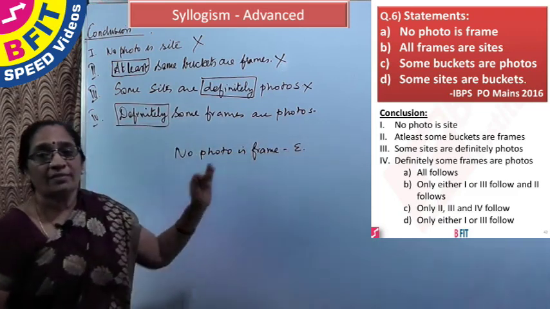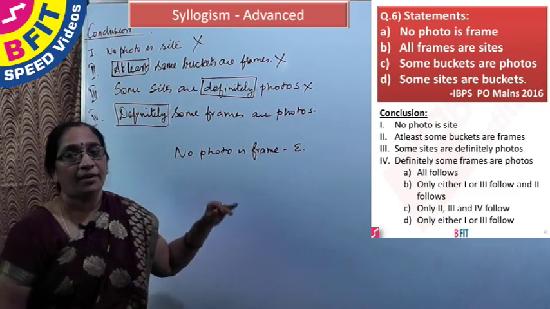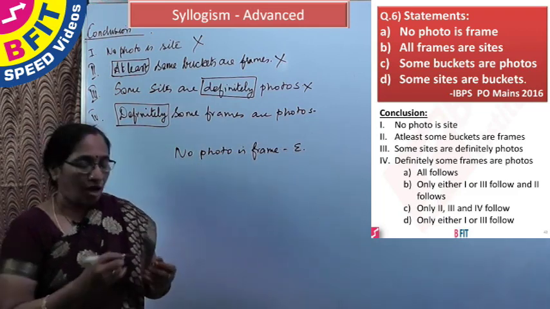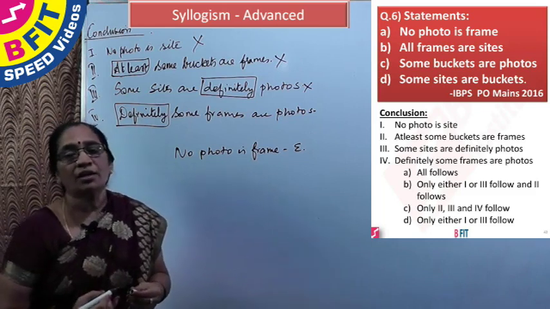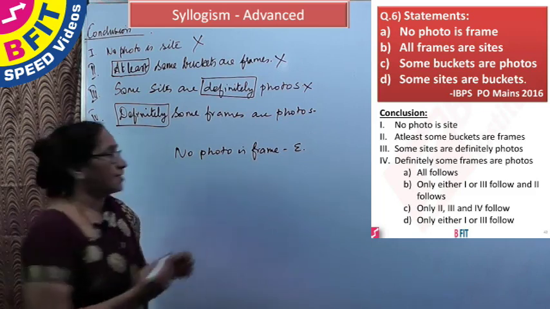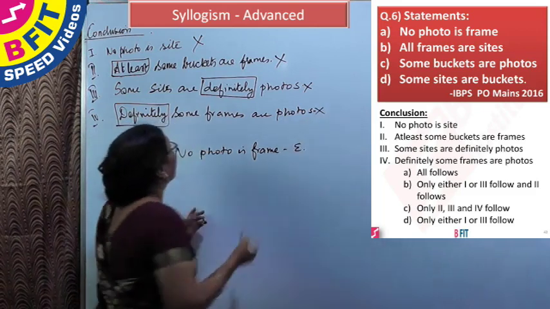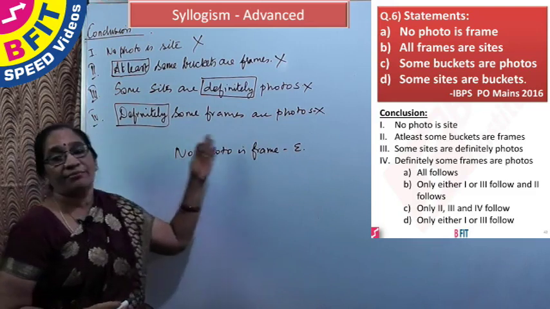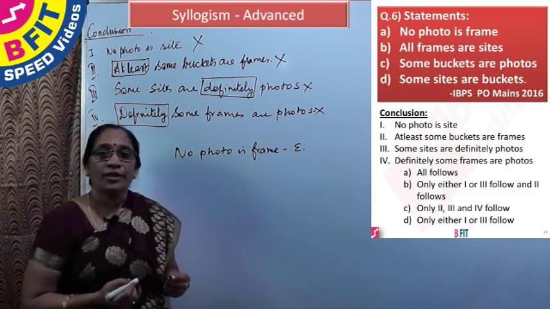No photo is frame is an E statement, a negative statement from which we will not be able to arrive at a positive conclusion, or an I conclusion, and hence conclusion 4 is also false. When some frames are photos is false, then definitely some frames are photos is also going to be false.